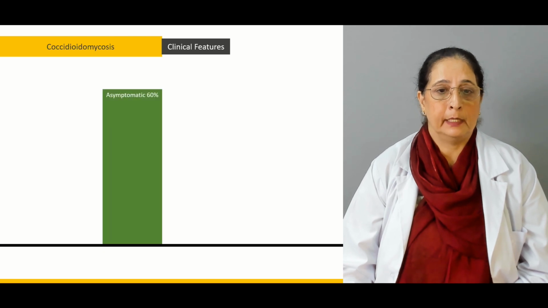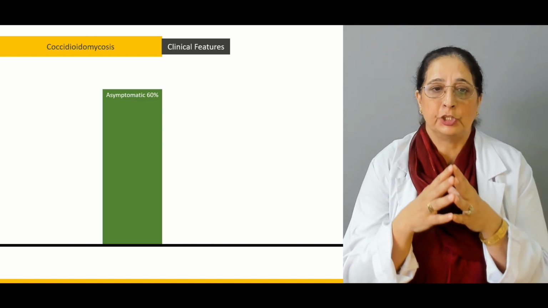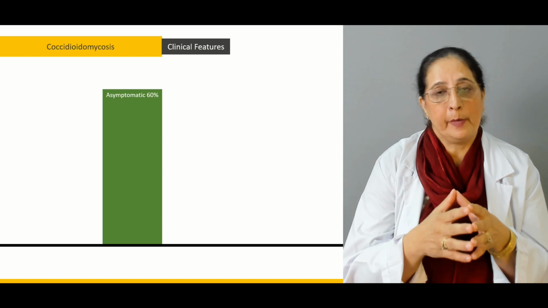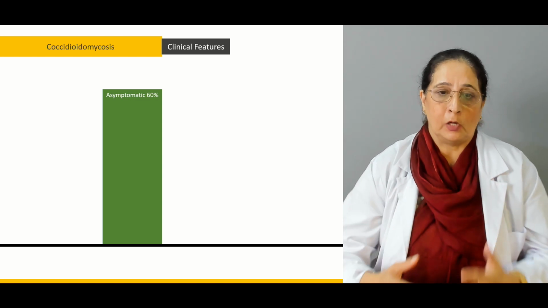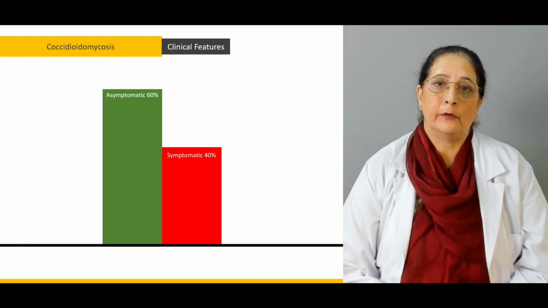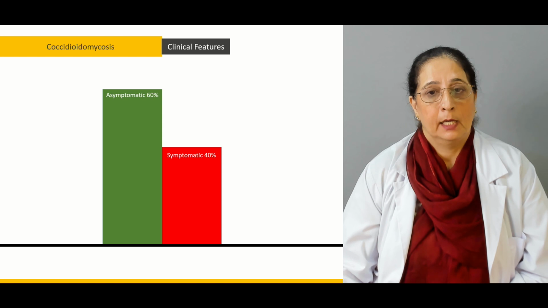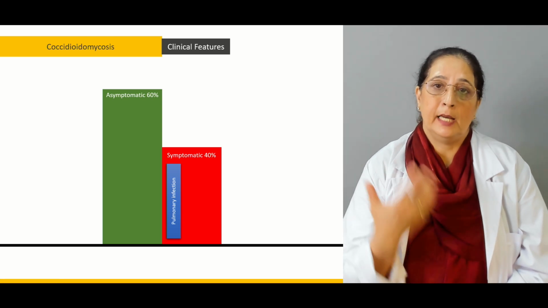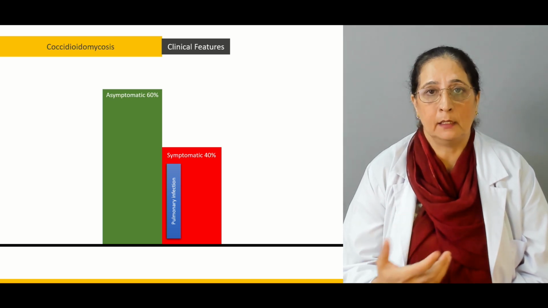It is usually asymptomatic. 60% of the patients who have infection caused by Coccidioides are asymptomatic, meaning they develop no symptoms, and then the condition usually resolves. 40% of the patients have symptomatic coccidioidomycosis, and the most common is the pulmonary infection, with features such as cough, dyspnea, and chest pain.